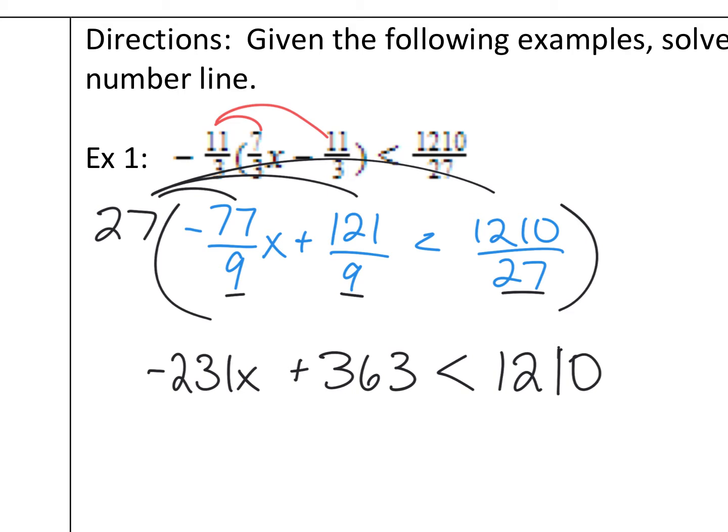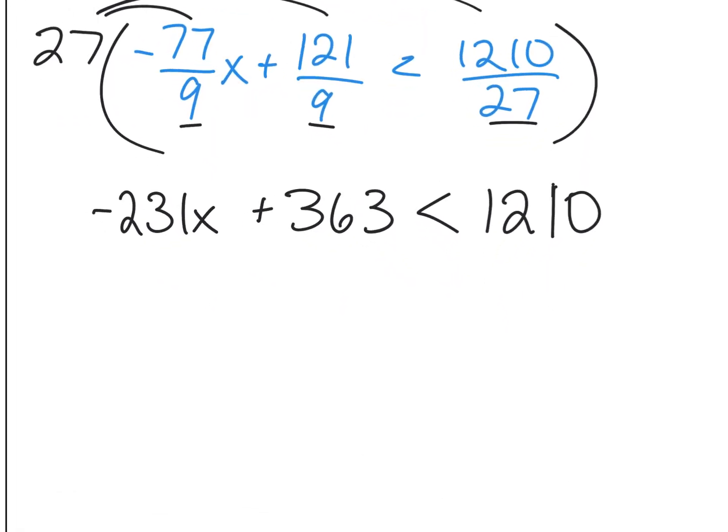So that, to me, looks a lot prettier. Wouldn't you agree? It looks like it's a lot easier to solve, because now I can see my steps and know what to do here.